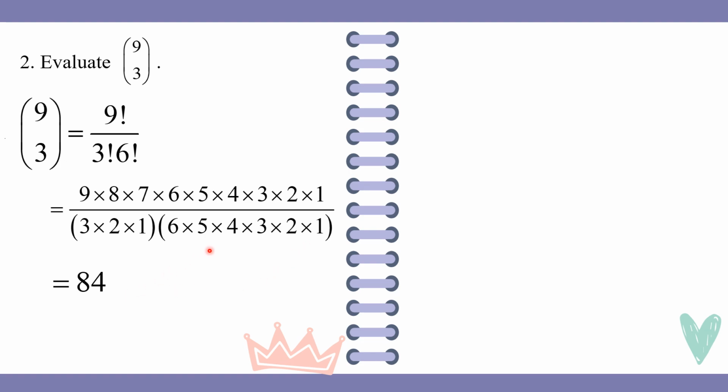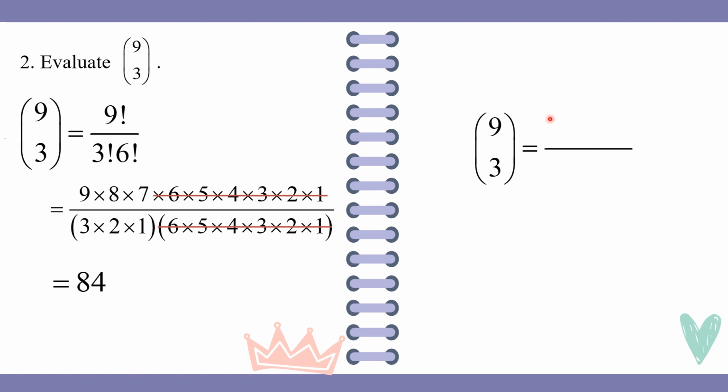Now you'll realize that the numerator and the denominator have 6 factorial in them. So let's look at what is remaining here. You will notice that for 9 choose 3, the numerator will only have 3 numbers, and the denominator will also have 3 numbers.